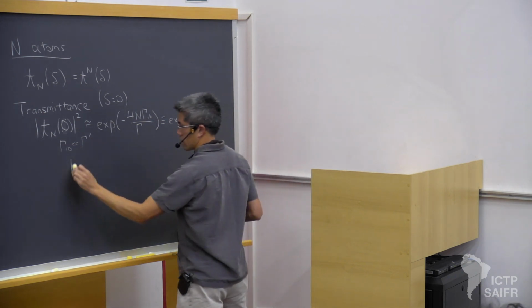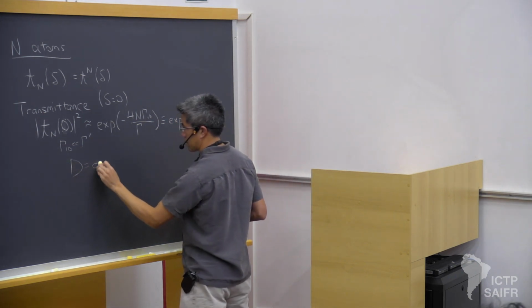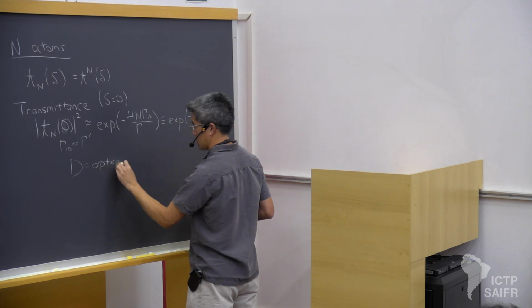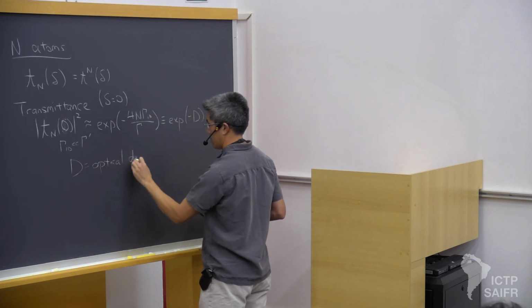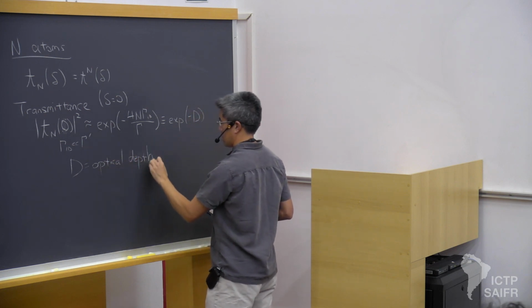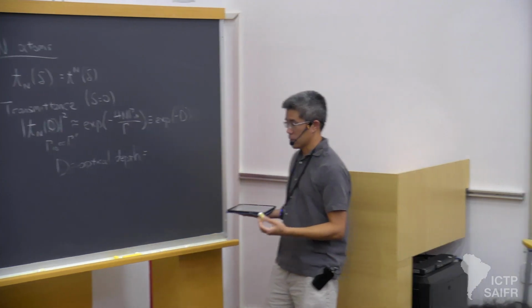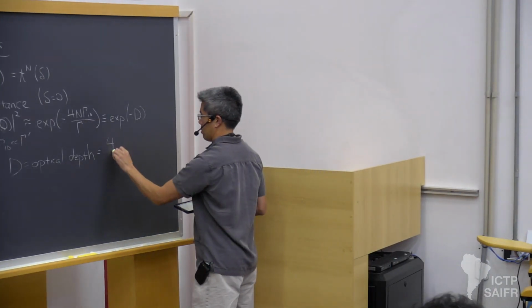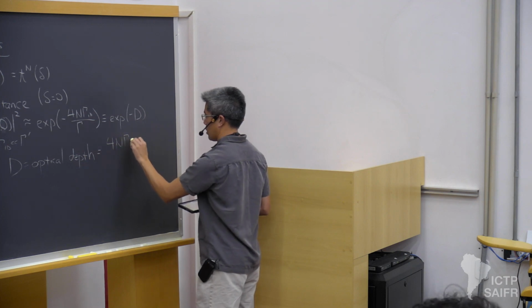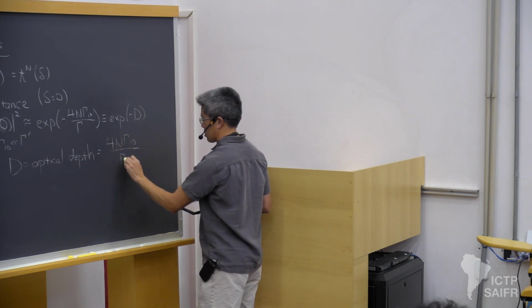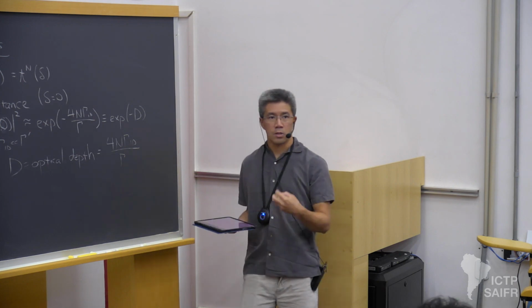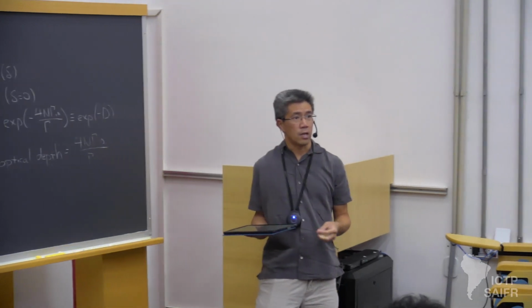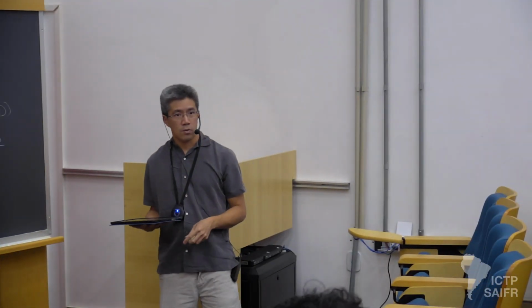This d here is known as the optical depth of my medium. In quantum optics, or atomic physics, people always talk about the optical depth of your ensemble. To relate it to our toy model, it's just proportional to the atom number and to the coupling efficiency of a single atom, gamma 1D over gamma.